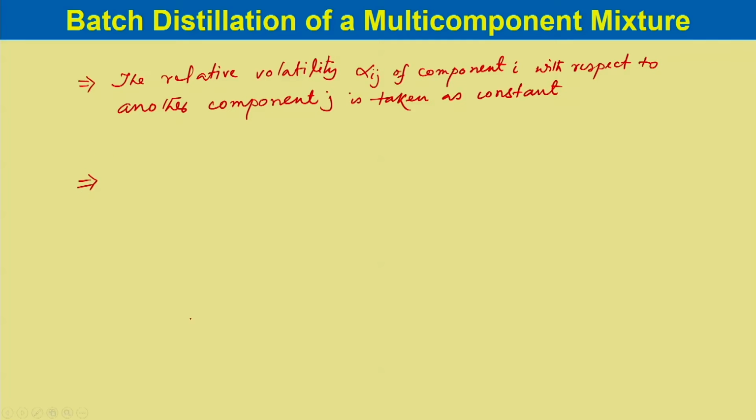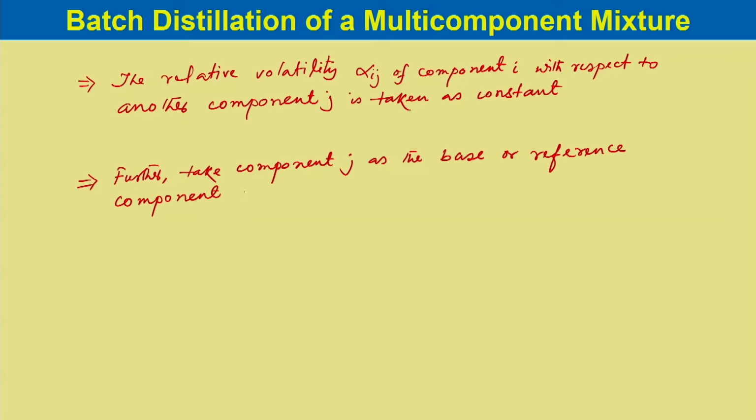Now, further take component j as the base or reference component to which the relative volatility of any other component in the mixture is defined.